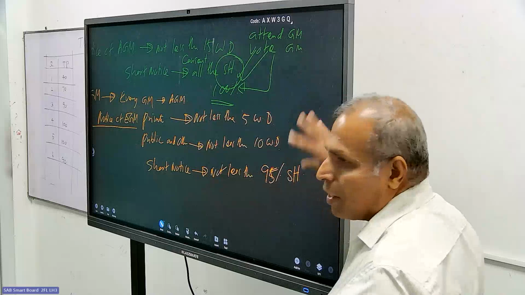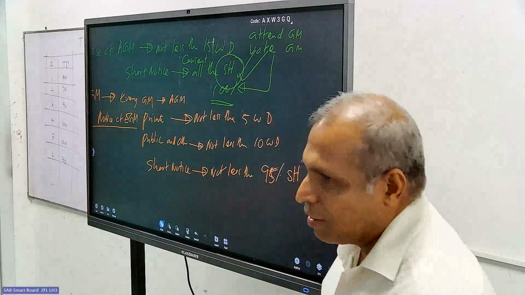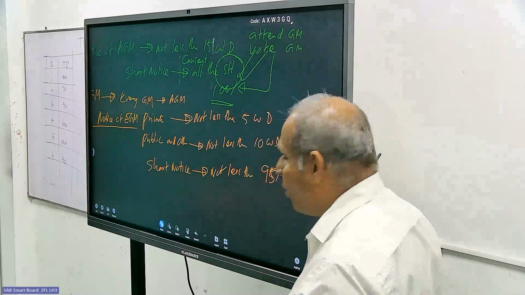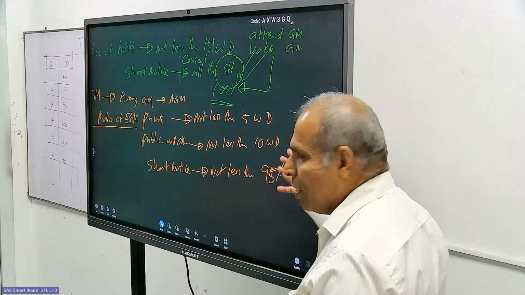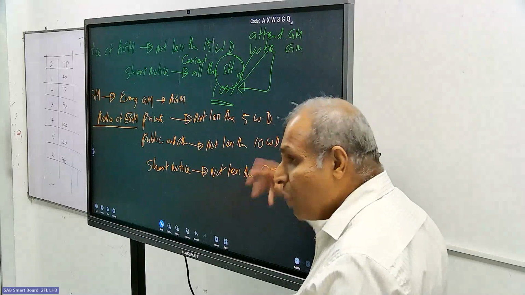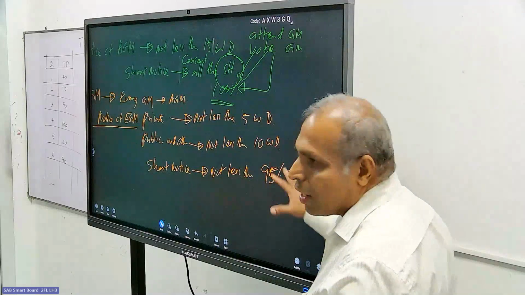Now, when comparing with the AGM, an EGM is not a compulsory meeting. Because of necessity and due to an emergency, when they are unable to wait for the next AGM, the company will call an EGM. Therefore, calling an EGM is not a statutory requirement.